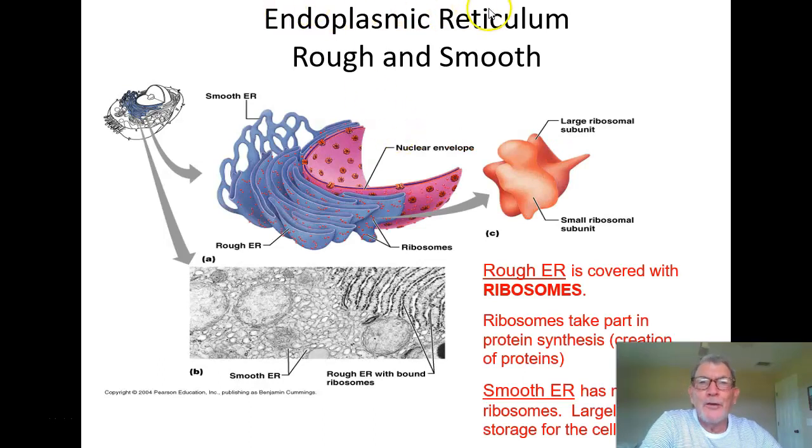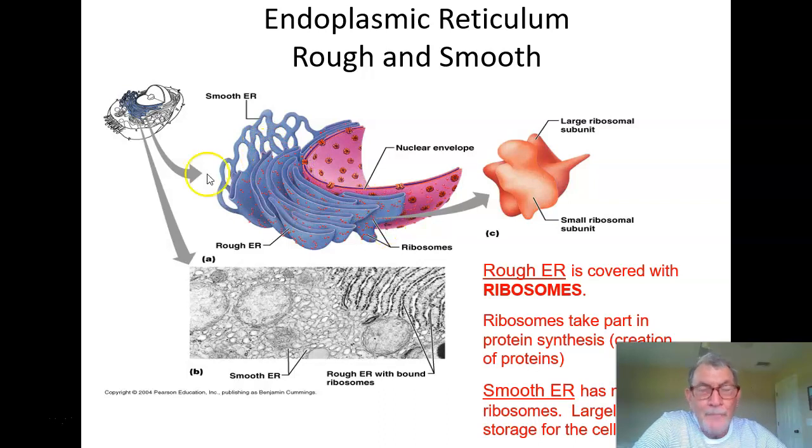The endoplasmic reticulum is this big bunch of flat tubes throughout your cell, and it carries out a lot of different jobs. It transports things and whatever, but you have two kinds. One is called the rough endoplasmic reticulum, or the rough ER, and that's because it has ribosomes all over it. It looks like it's covered with BBs.